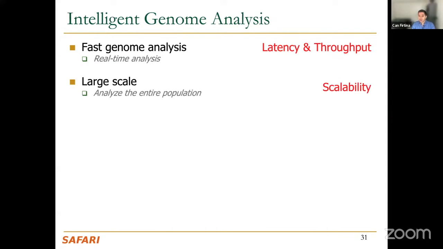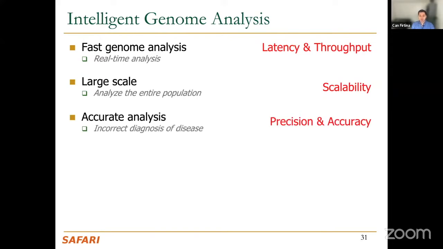Such analysis should be applicable to large scale, right? Meaning you may want to analyze the entire population, and in doing so, you don't want to slow down your analysis a lot. So you want good scalability that makes it applicable to larger genomes.